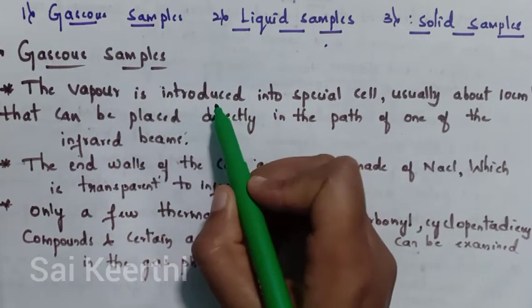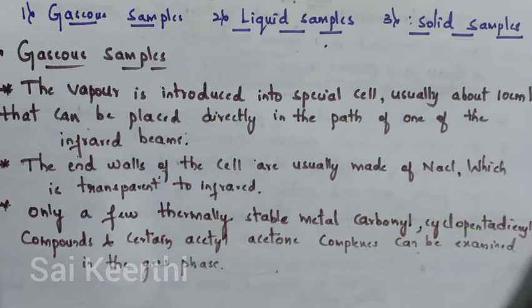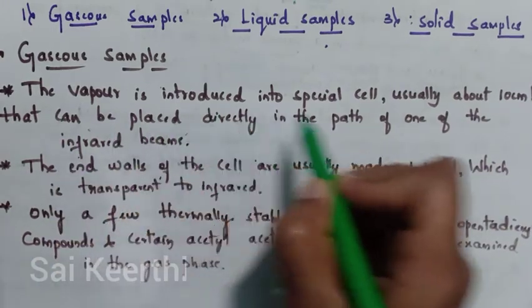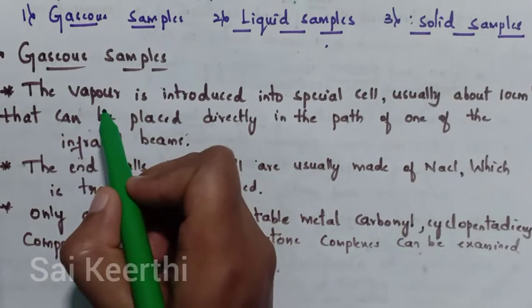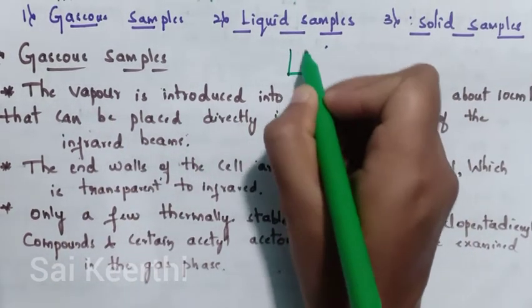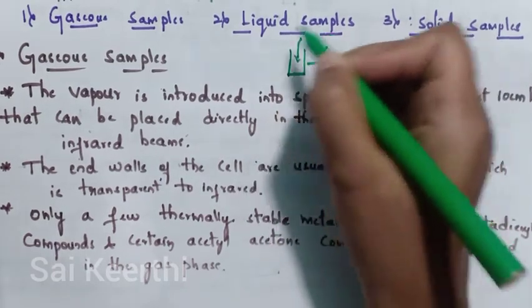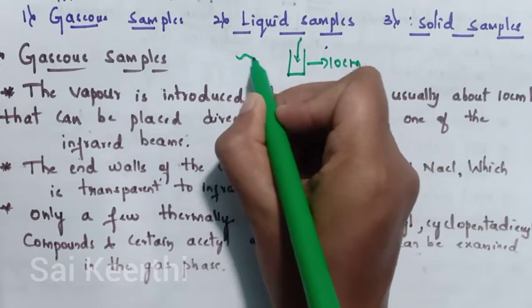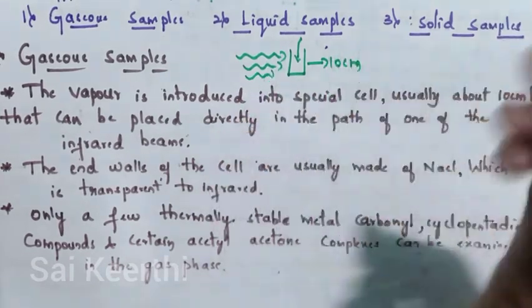The vapor is introduced into a special cell, usually about 10 cm long, that can be placed directly in the path of one of the infrared beams. See here, in gaseous samples the cell is usually 10 cm long and the vapor is introduced into this cell and placed in the path of the infrared beams, and we get information about the molecules.